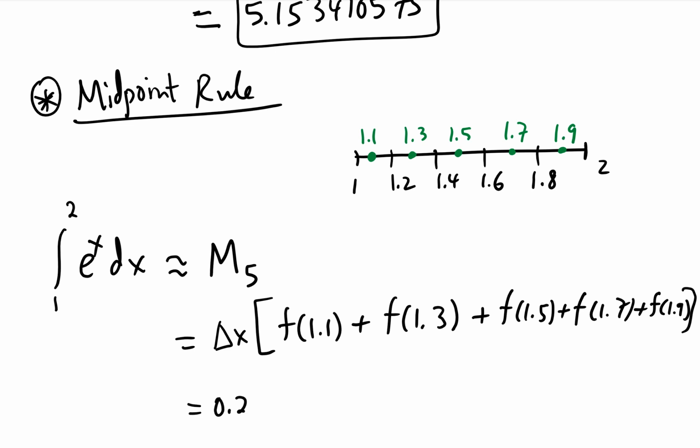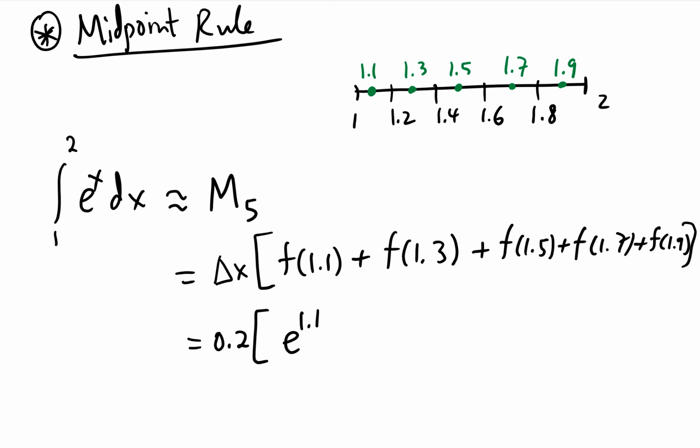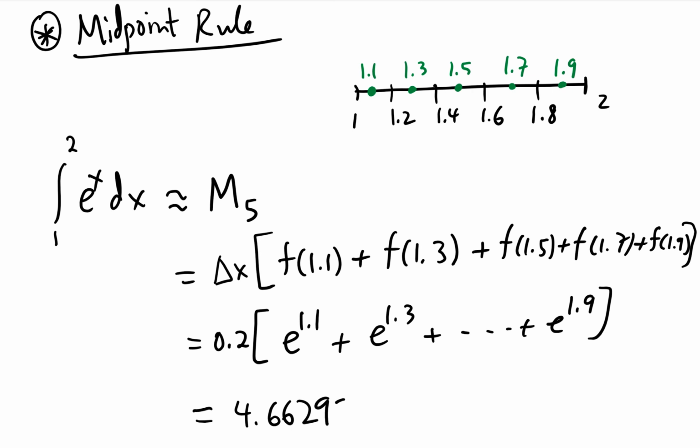Delta x is 0.2. Remember, the function f is the same as e to the 1.1, 1.3, all the way to e to the 1.9. And when we put that on the calculator, that gives us about 4.662998719. That's what we got.